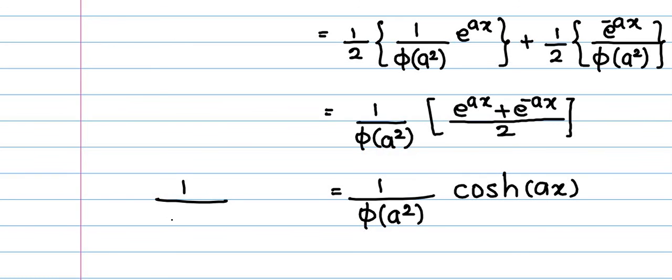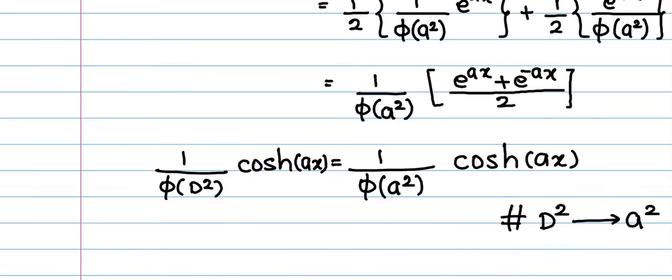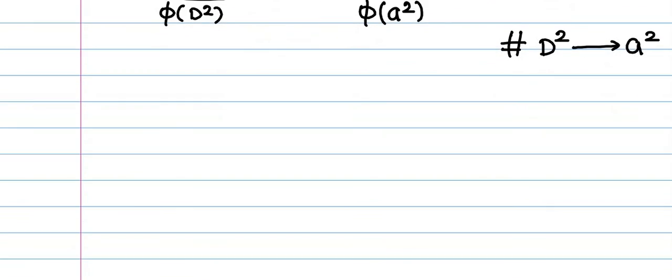This is our shortcut method formula for cos hyperbolic ax, and the formula is replace d square by plus a square. This is the major difference between the shortcut method formulas of hyperbolic function as well as trigonometric function. Same is the case with sin hyperbolic.